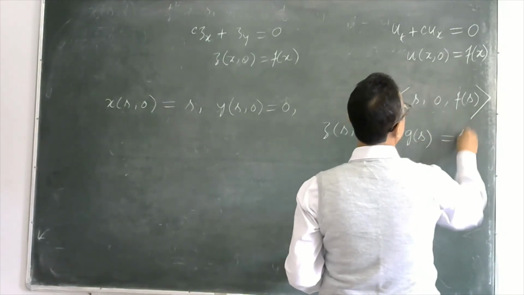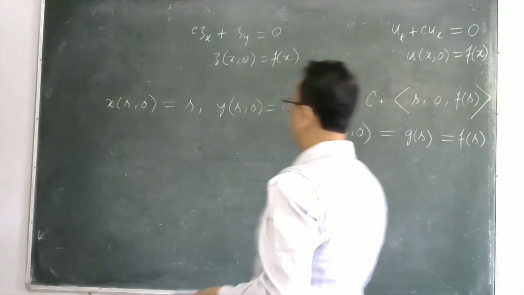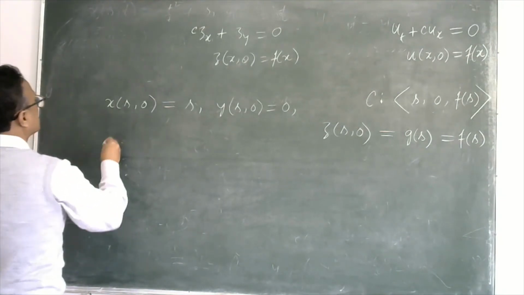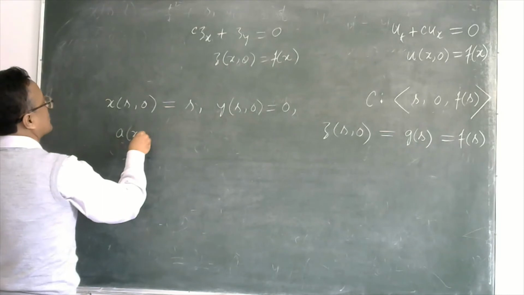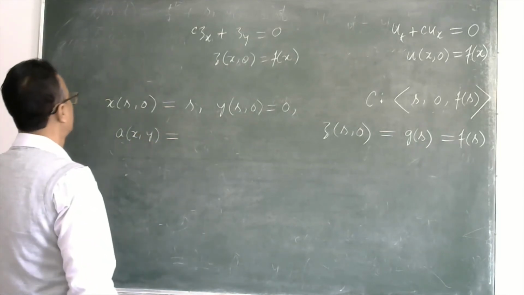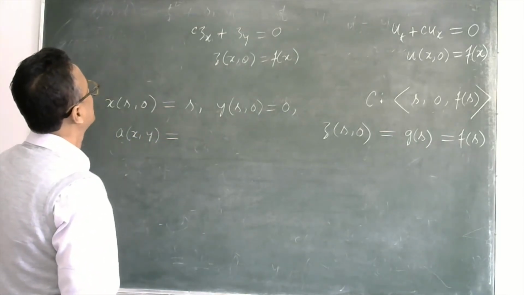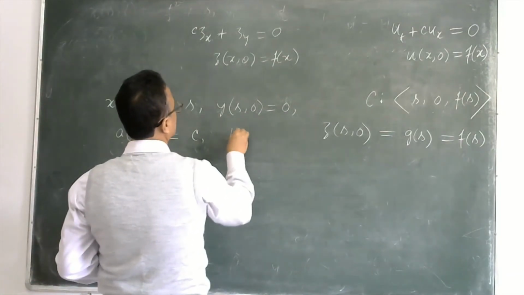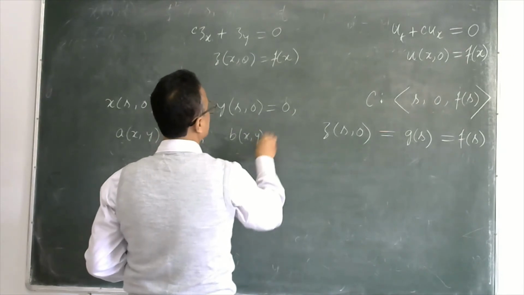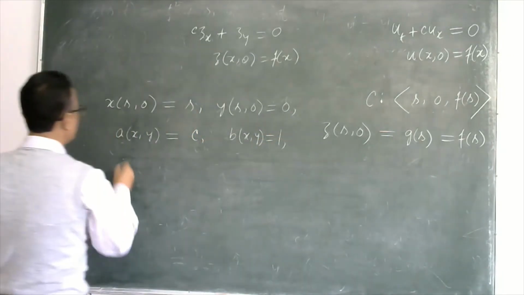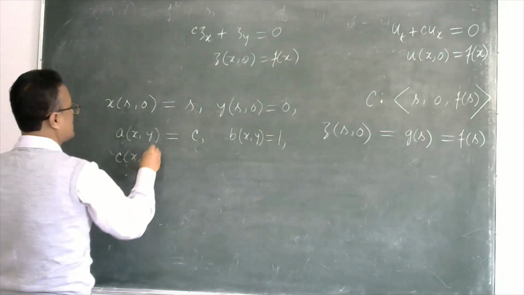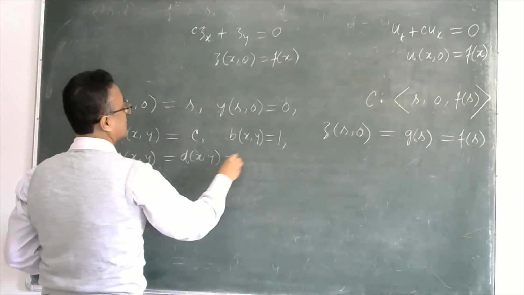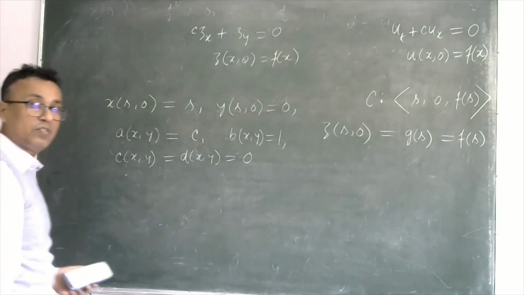And again, a(x,y) is a constant c, b(x,y) is equal to 1, and both c(x,y) and d(x,y) are equal to 0, right?